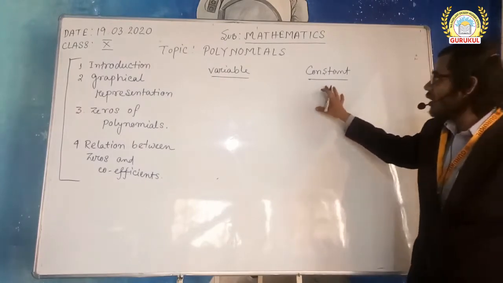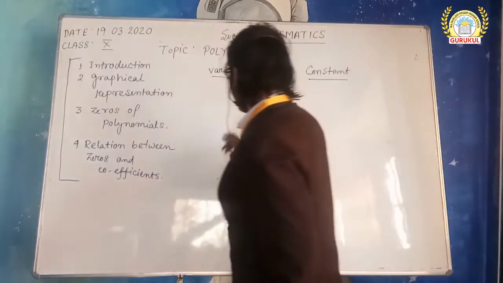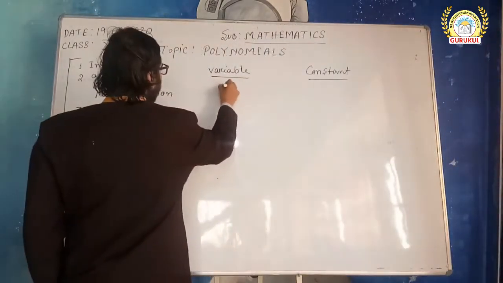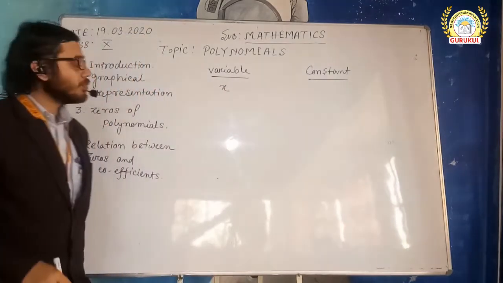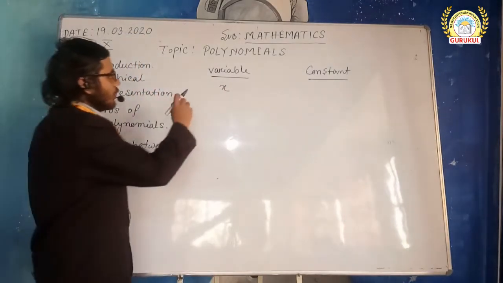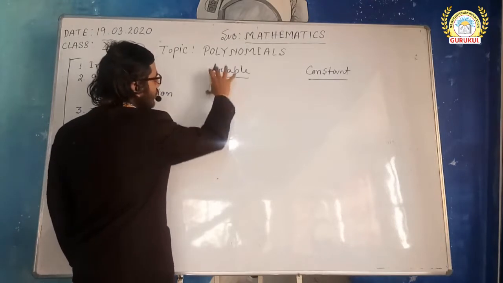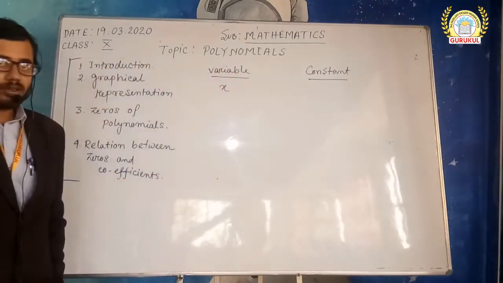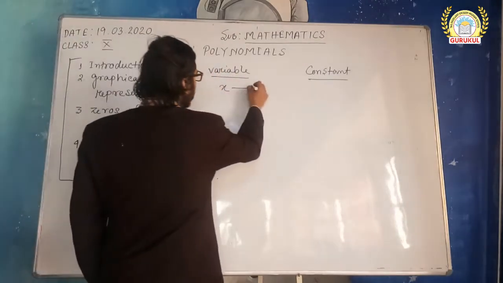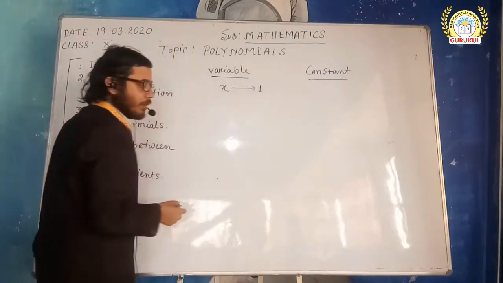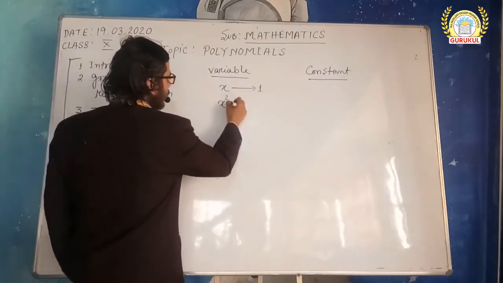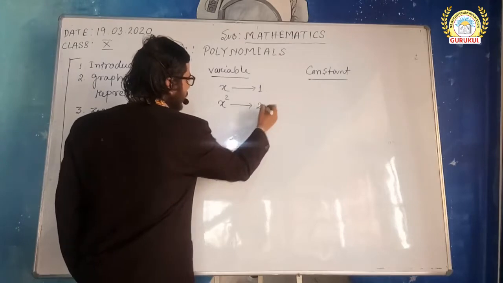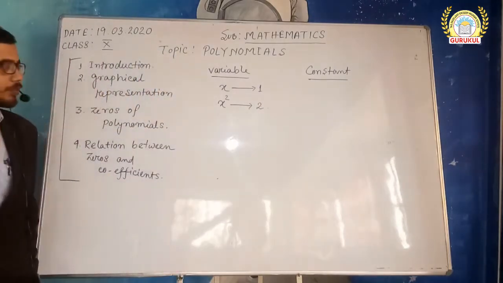Now, if I write a variable x, what is the power of x? You can easily say that the power of x is equal to 1. If I write x square, then the power of x is equal to 2.